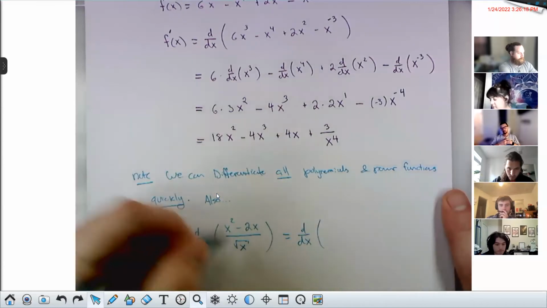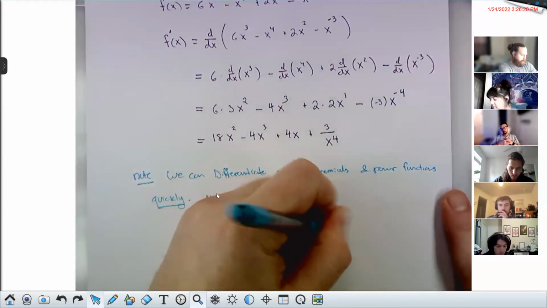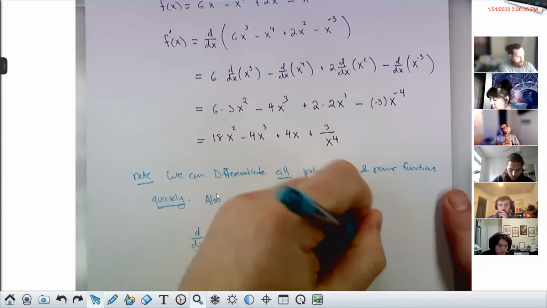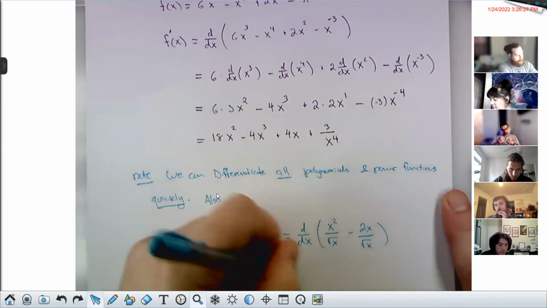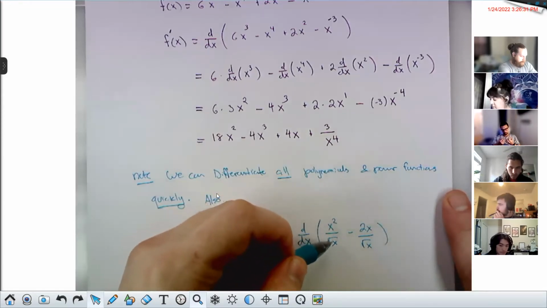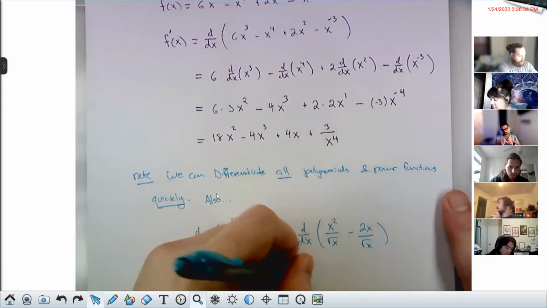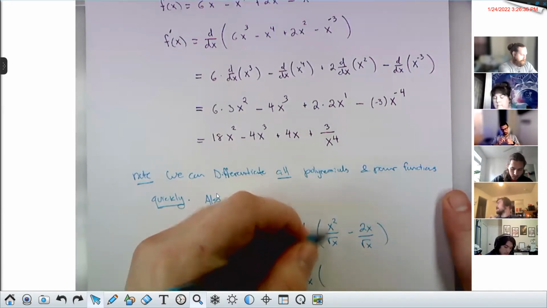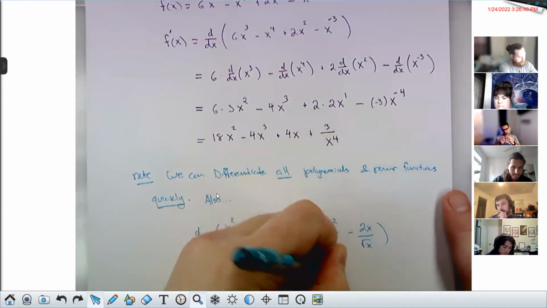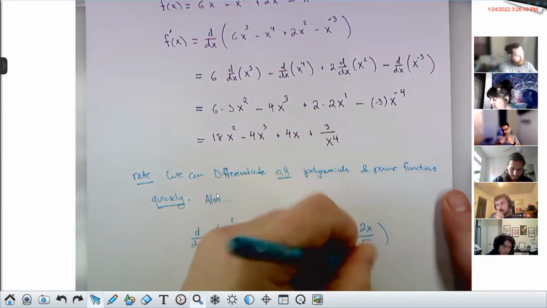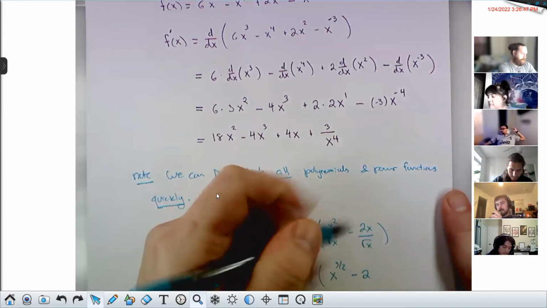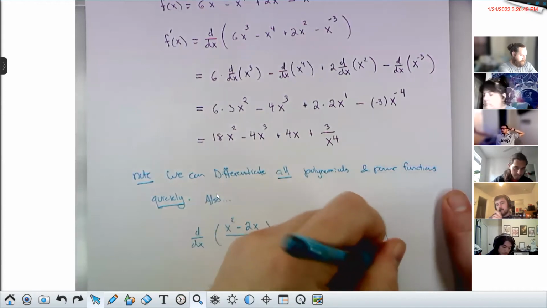So it's x squared over root x minus 2x over root x. Simplifying here, this is x to the 2 divided by x to the 1/2. So that would be x to the 2 minus 1/2, which is 3/2. X to the 1 divided by x to the 1/2 would be x to the 1/2.